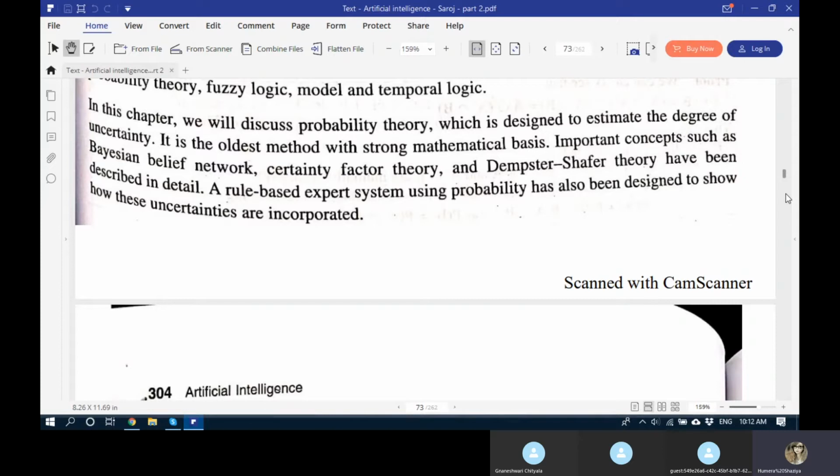So here what you are trying to do is you are not trying to be very accurate about the information, rather you are giving a probability score to your evaluation, whether it is yes or no. To yes also you are specifying a probability, and to no also, and then your conclusions also will have this uncertain factor associated.